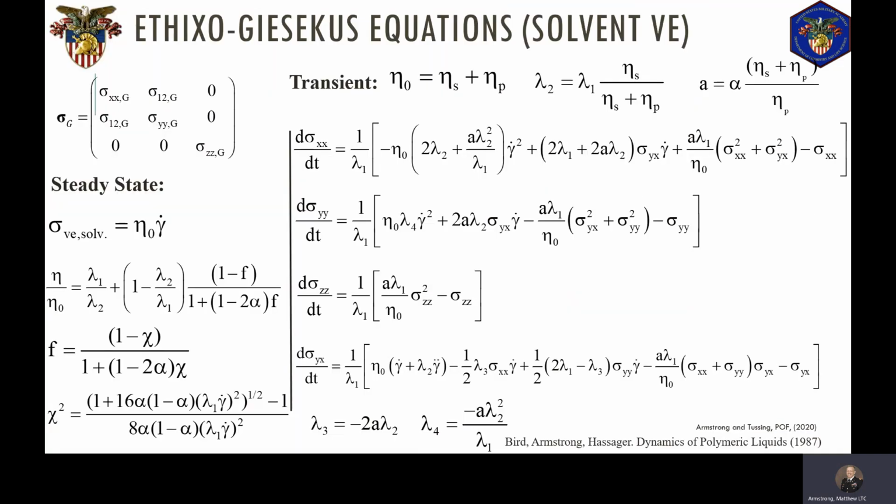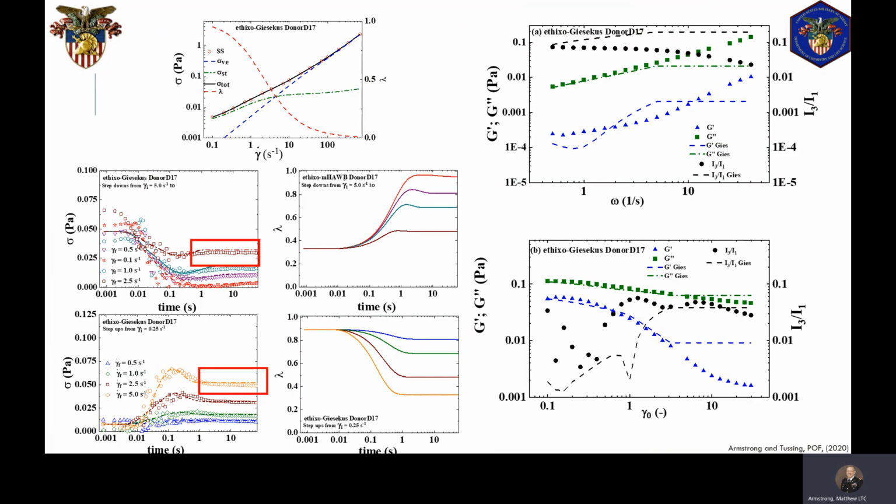So this is the enhanced thixotropic Giesekus equation framework for the viscoelastic backbone of the blood plus the individual RBCs. And I would check the Bird-Armstrong-Hassager Dynamics of Polymeric Liquids for more information on these equations. Here are the fits on the left-hand side, and on the right-hand side are the predictions.